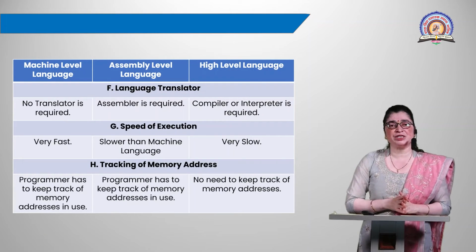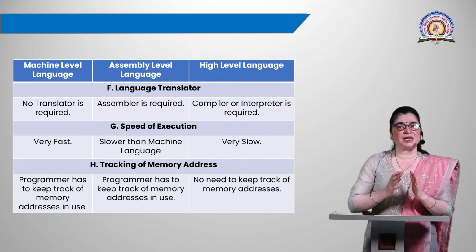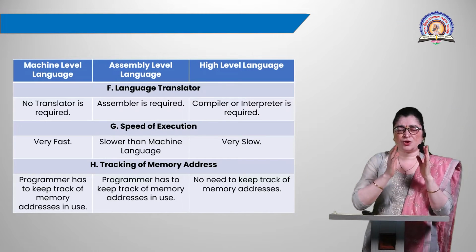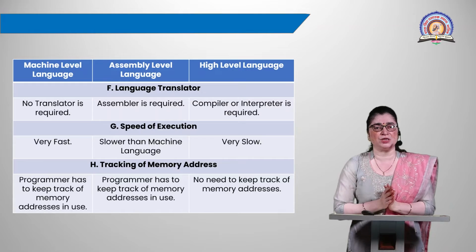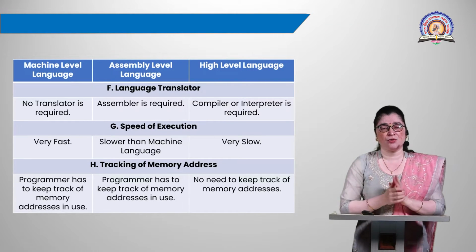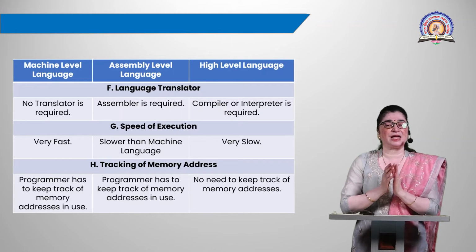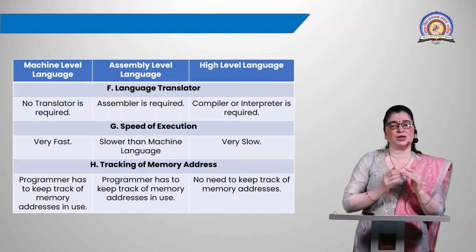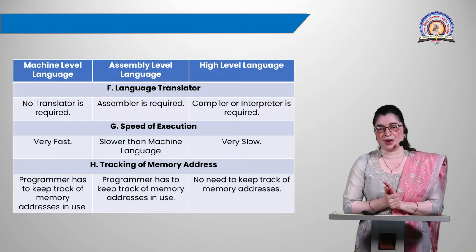Then language translator. Basically, translator means whatever instructions are given by the user are required to be converted into machine format. For this conversion, translators are used. There are two types of translators: one is assembler and one is compiler.